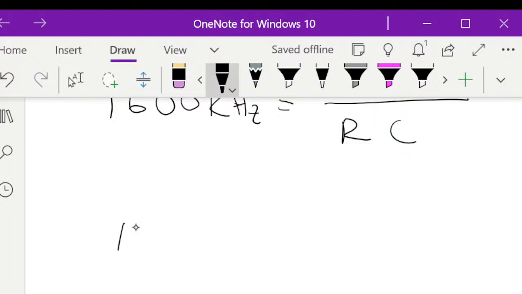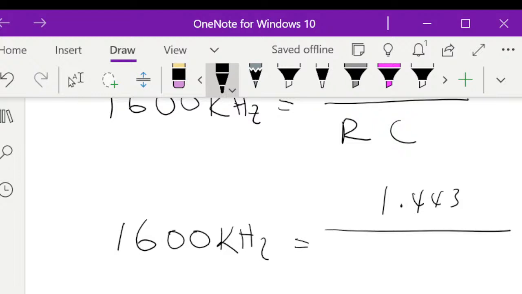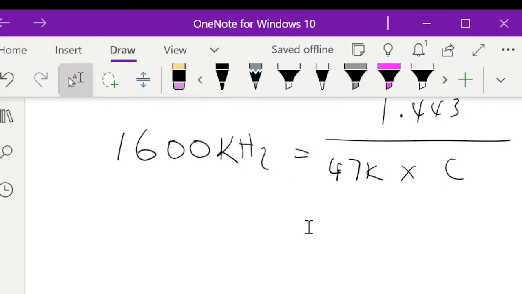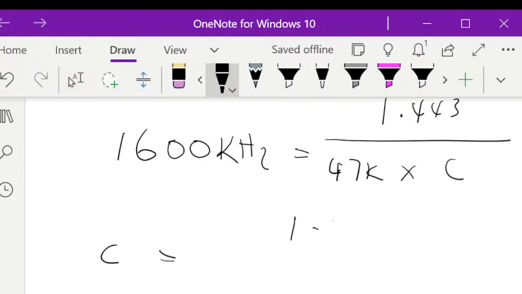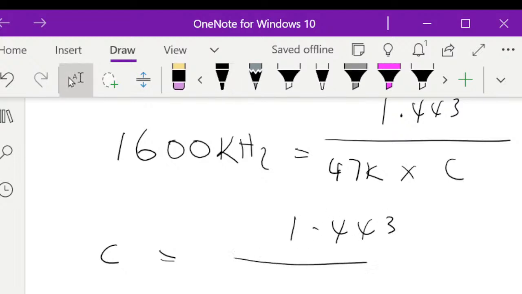So 1600 kilohertz is equal to 1.443 over 47k multiplied by C. We don't know what that C is, so we just say C is equal to, then cross multiplying, 1.443 divided by 1600k multiplied by 47k.